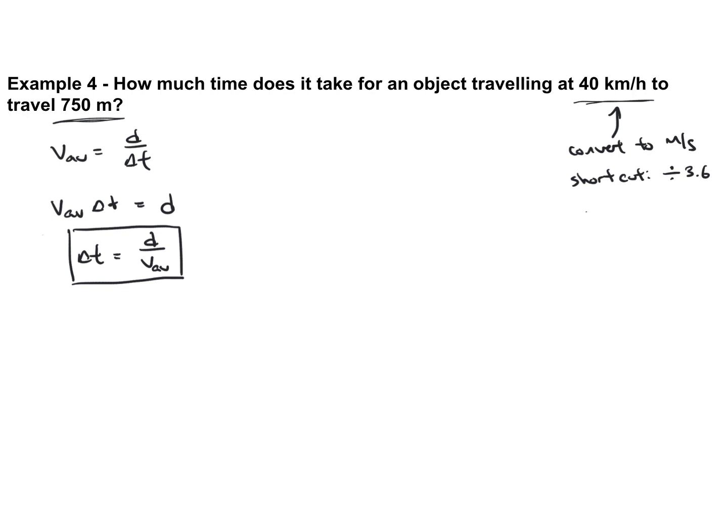Well, it comes from the fact that 1 kilometer is equal to 1,000 meters, and that 1 hour has 3,600 seconds in it. So a kilometer per hour is the same as 1,000 meters per 3,600 seconds. And that just reduces to 1 over 3.6. So therefore, if I want to go from kilometers per hour to meters per second, I actually just divide by 3.6.